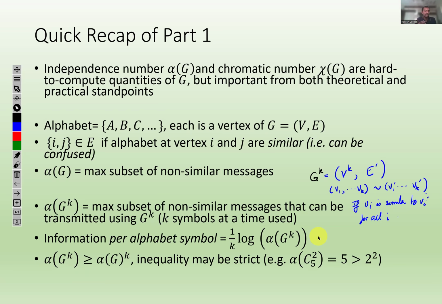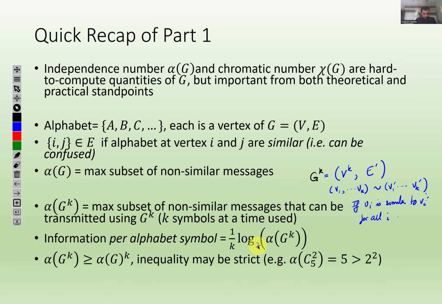Why are we doing this? Because the so-called information that you transmit per alphabet symbol is now logarithmic in that. So it's 1 over k log of alpha of G^k. We had given some motivation for this. If it was not very clear, it's fine. It's just that this quantity is an important one to consider. It gives an idea of how much information every symbol that you transmit is giving.